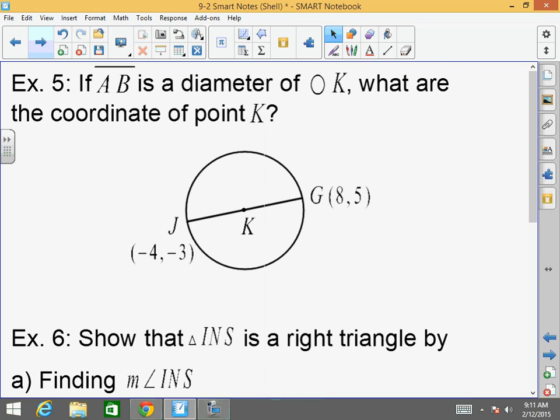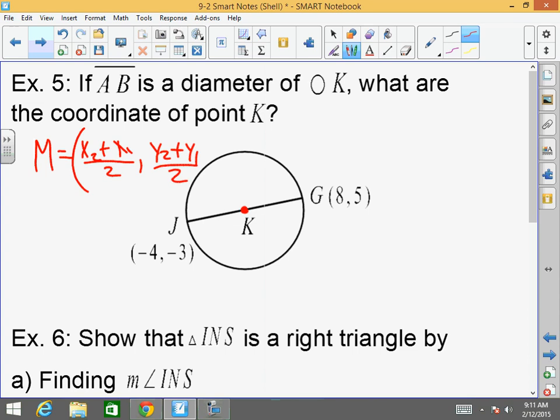Number 5. If AB is the diameter of circle K, what are the coordinates of point K? Well, guys, point K is the center. And if that's the center, we need to remember the midpoint formula. The midpoint formula is x2 plus x1 divided by 2, comma, y2 plus y1 divided by 2.